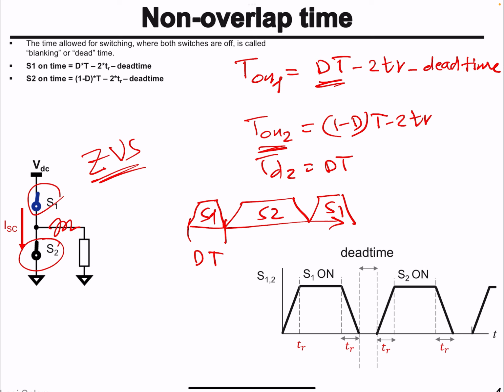So in this case, say at 50%, as shown here, S1 will go to 0 and then stay off for an amount of time equal to that dead time, and then at T/2, S2 starts turning on, stays on until it goes to 0 again, and then we have the dead time again.